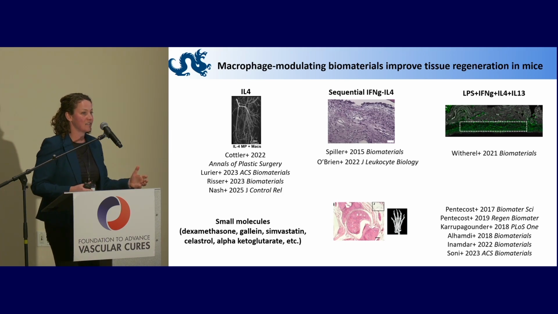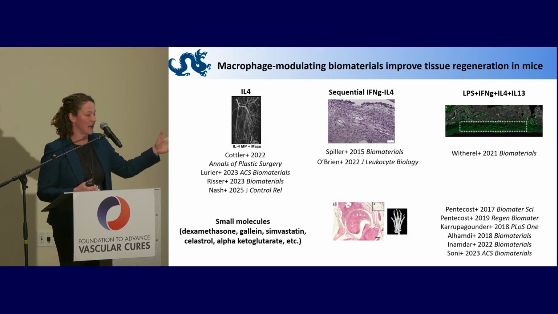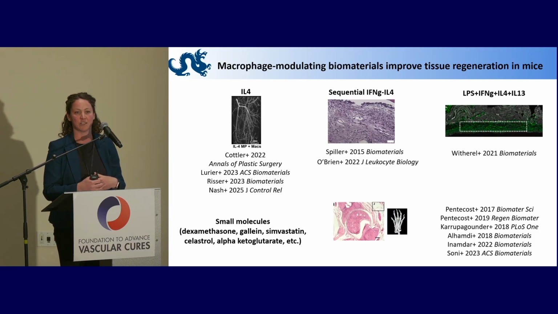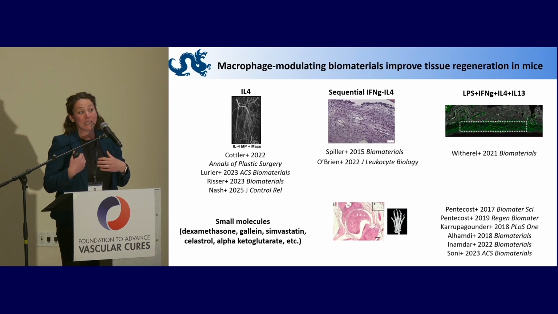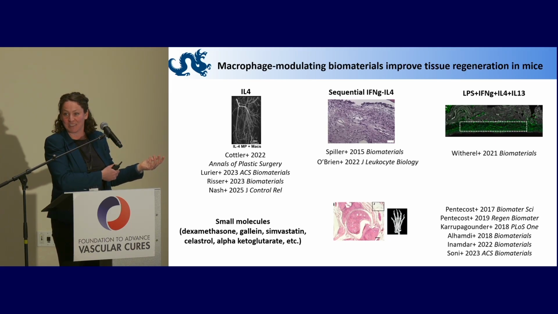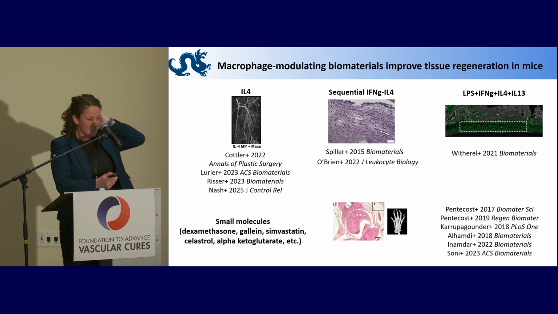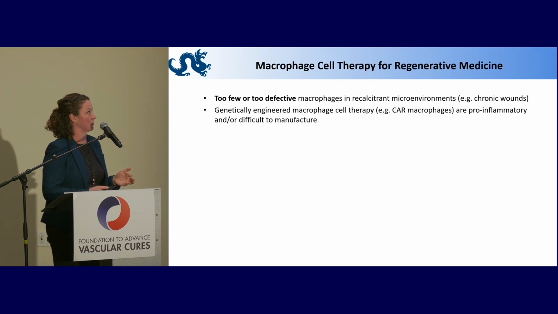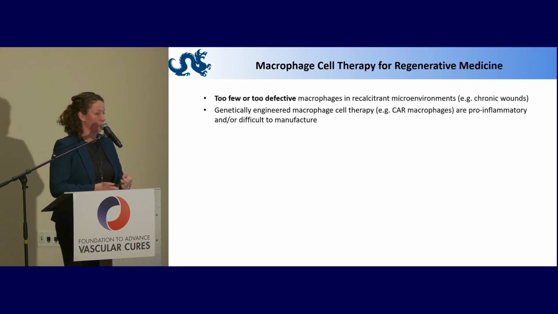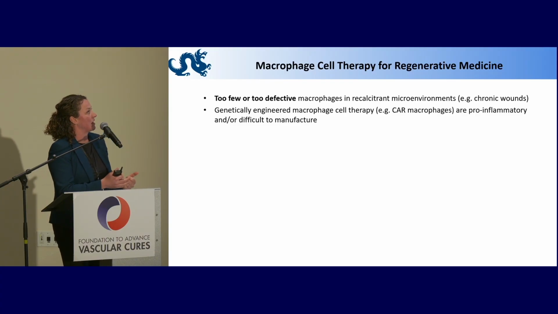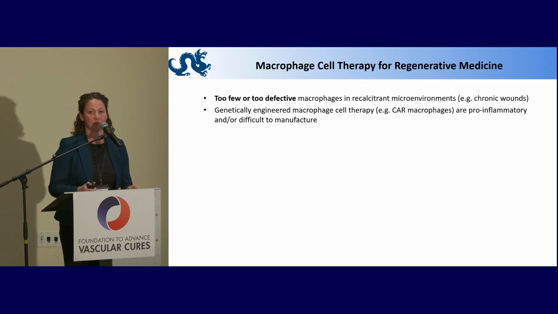Or maybe it's naive to think that these patients who have had decades of epigenetic modifications to their immune cells residing in the bone marrow, I'm going to override that with a simple biomaterial releasing one or two drugs, right? And in fact, there's a lot of excellent research from many people in this room showing that in very sick patients or very bad wounds, the macrophages are either too few or too defective.